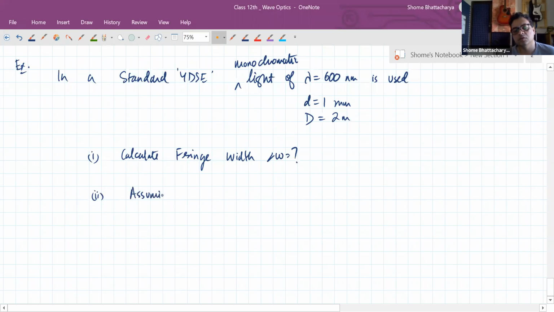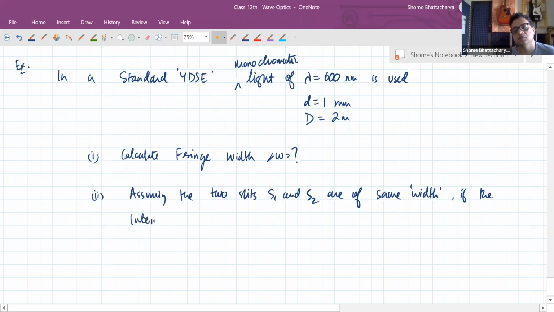Now second, assuming the two slits S1 and S2 are of same width, if the intensity at the central maxima is, let's say, something, let's say it is 2.4 watts per meter square.